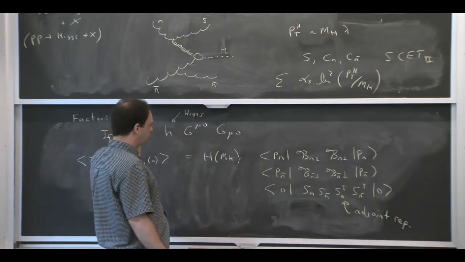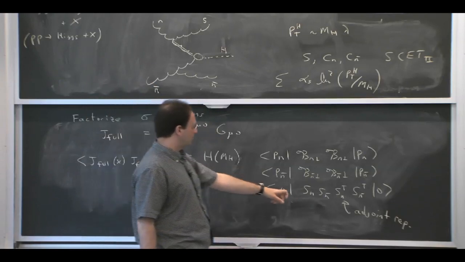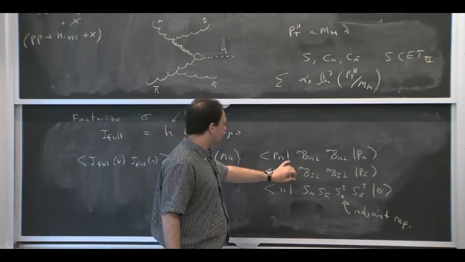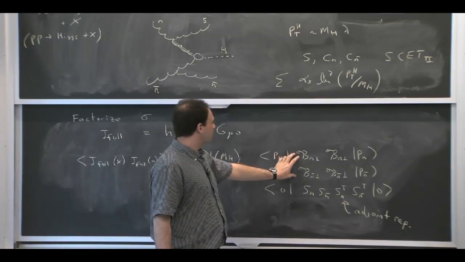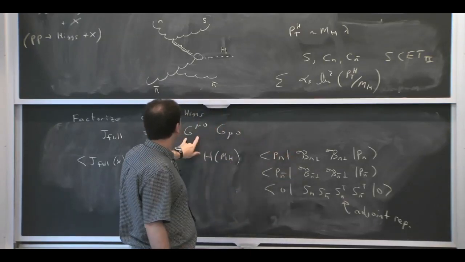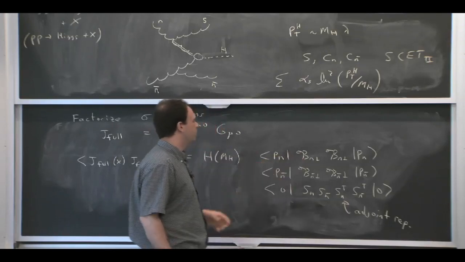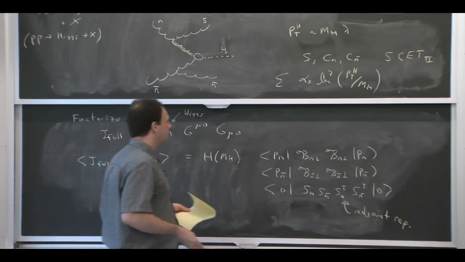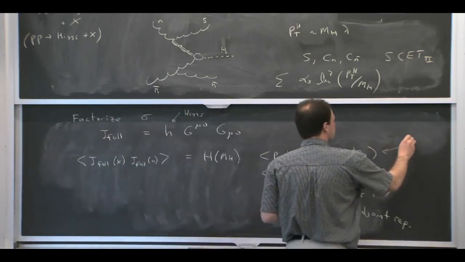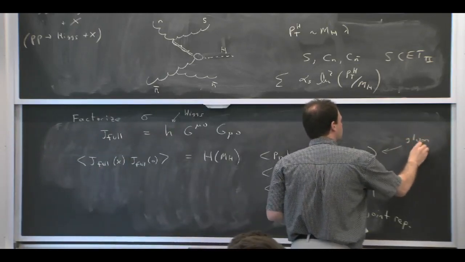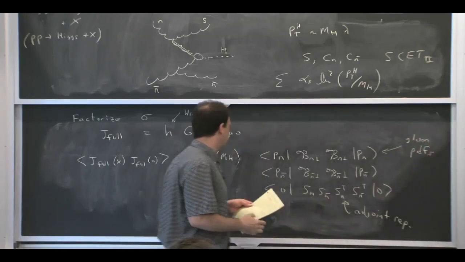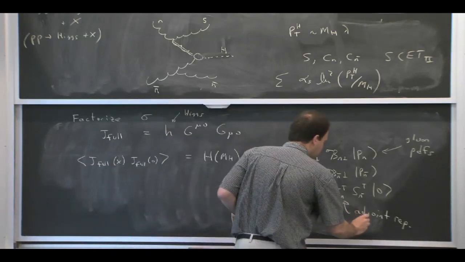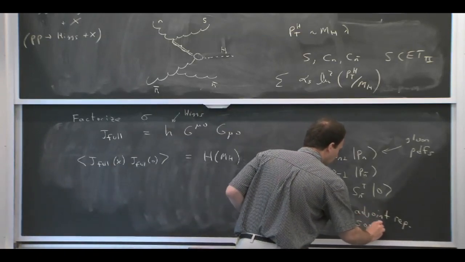So when you go through the field redefinition, you would get adjoint Wilson lines for the soft if you went through an SCET_I picture, for example. And the G mu nu here would become the perpendicular polarization of the gluons. So these things here are going to give gluon PDFs. Basically, you have a factorization theorem that involves gluon PDFs, a soft function, and a hard function.